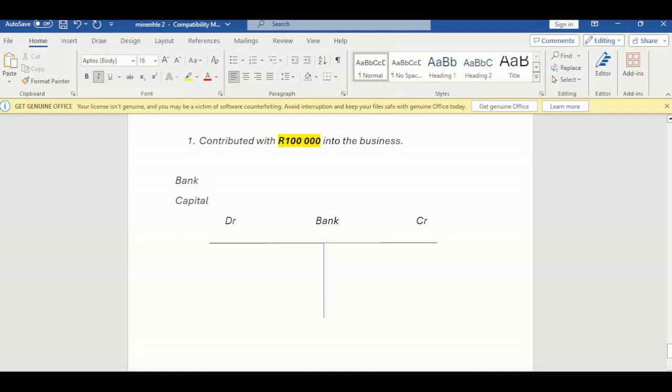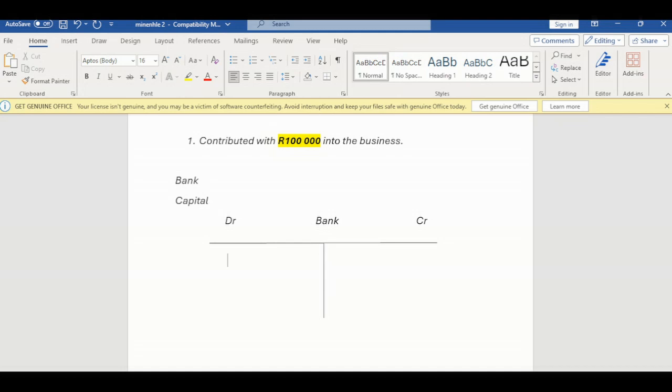How much money is contributed? Remember, bank is a type of asset, so it will automatically increase on a debit side but decrease on a credit side.